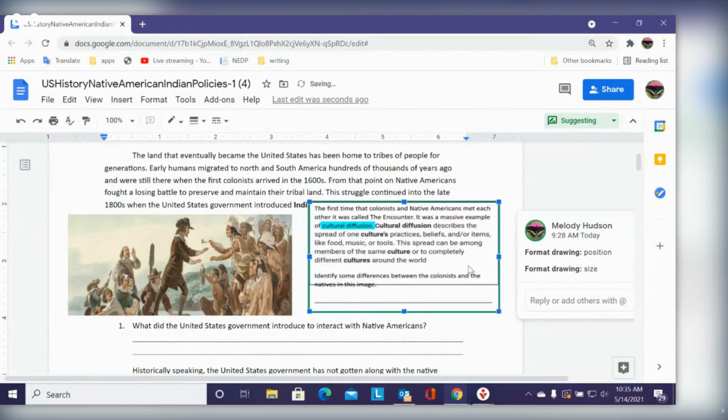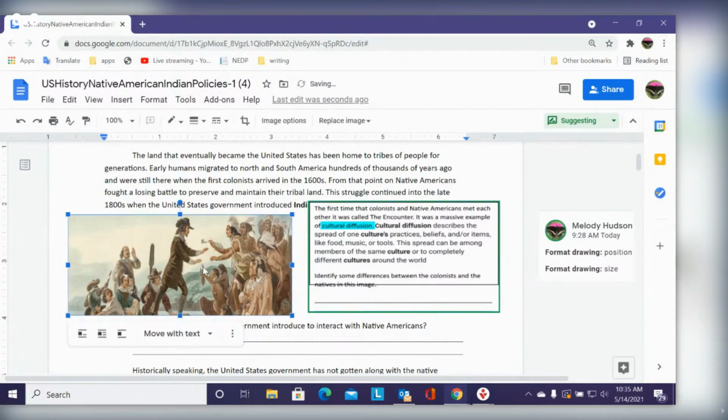So if we talk about cultural diffusion, we can even look at dress, style of communication, and all of those things. So if you take a look at this picture, what does that tell you? I wish I could make it bigger. What does this tell you, for one thing, possibly about culture?